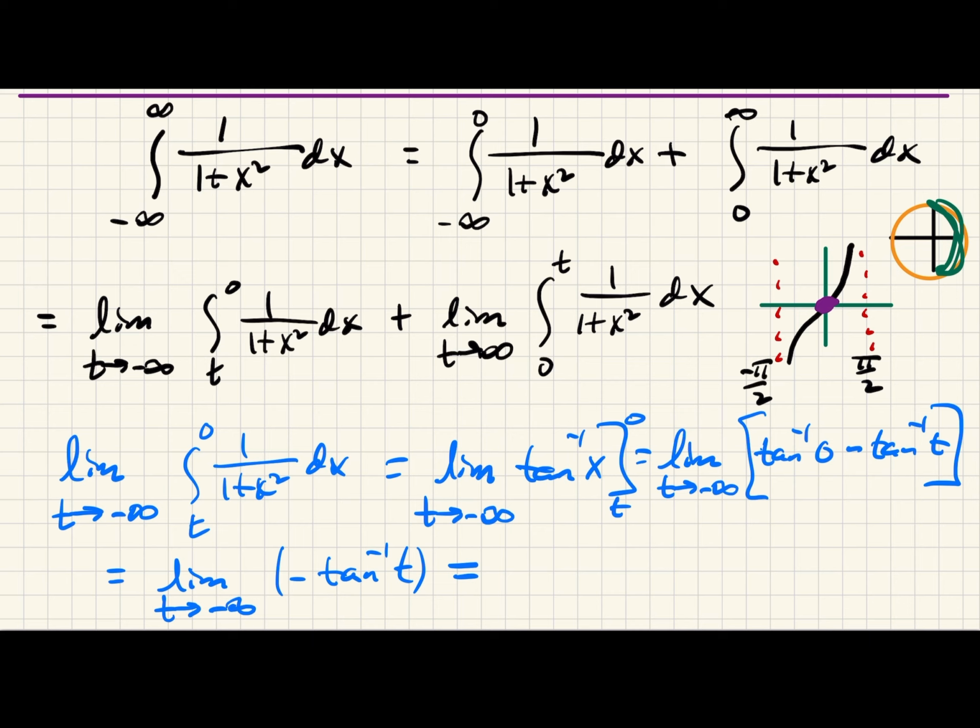The t is actually a tangent value, and what I get back is an angle. If the function itself goes off to negative infinity, what is the angle going to? Negative pi over 2. And then the opposite of that is pi over 2. Is everybody seeing what we're talking about here?